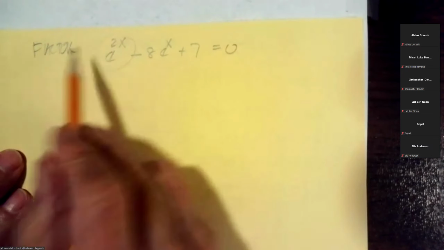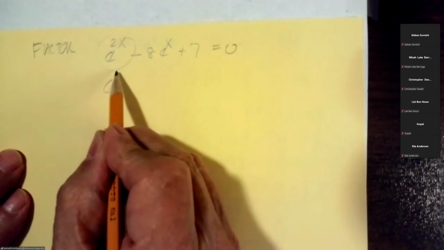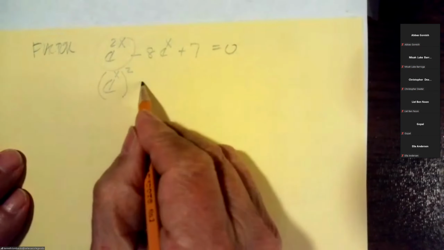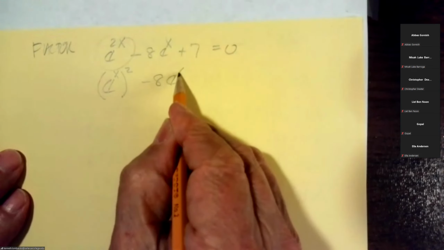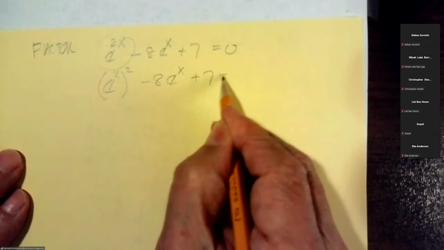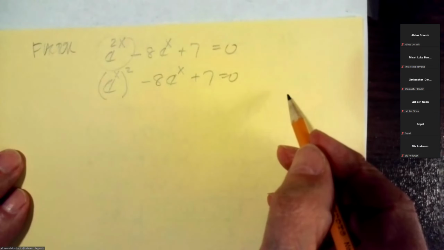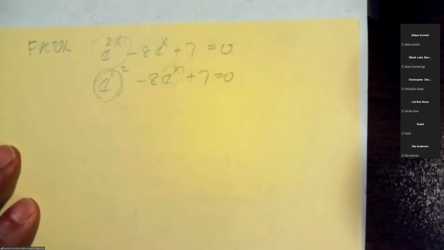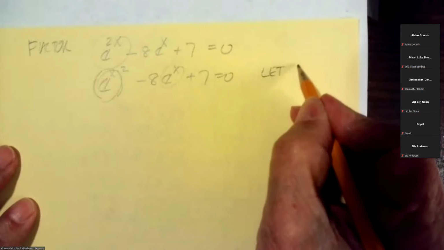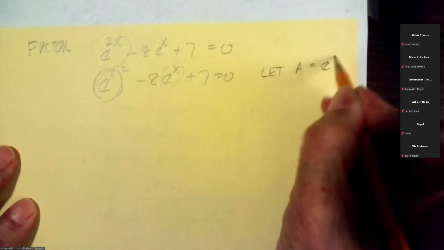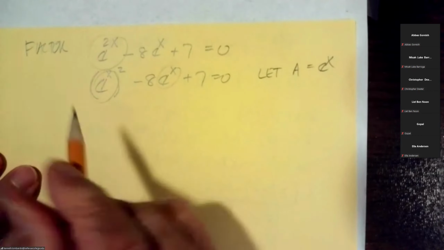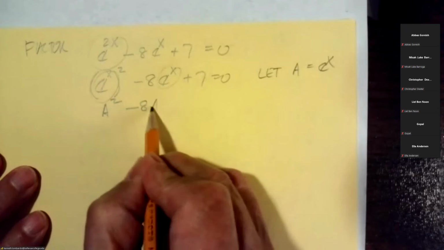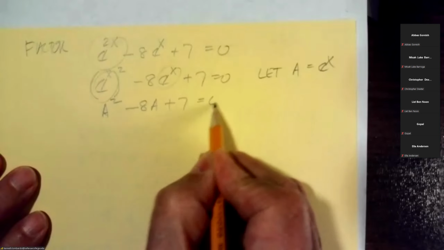If I rewrite this, I could rewrite that as e to the x squared minus 8 e to the x plus 7 equals 0. This might be confusing, so I could let a equal e to the x. So this looks like a squared minus 8a plus 7 equals 0.